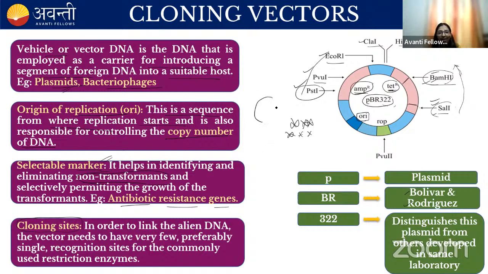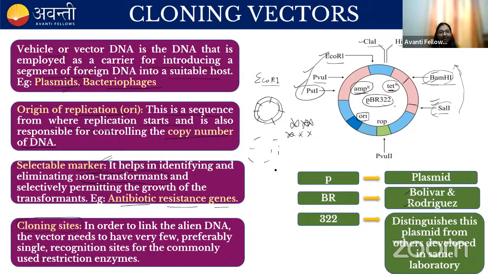I can use any of the restriction enzymes to cut this vector. But if the vector has many cloning sites for a single restriction enzyme, like EcoR1 having multiple cloning sites in this vector, it can cut here, here, here, and here, because multiple cloning sites are present. Then it will break the vector.